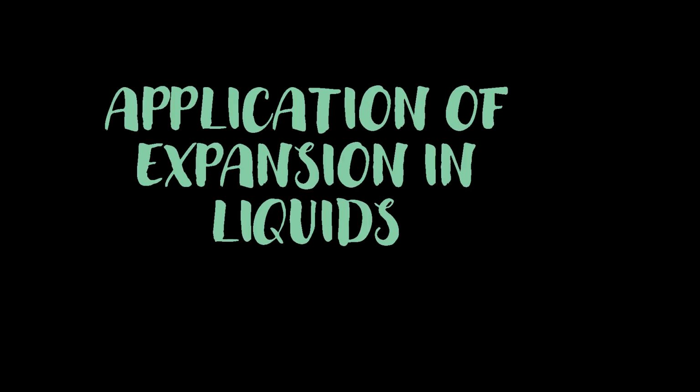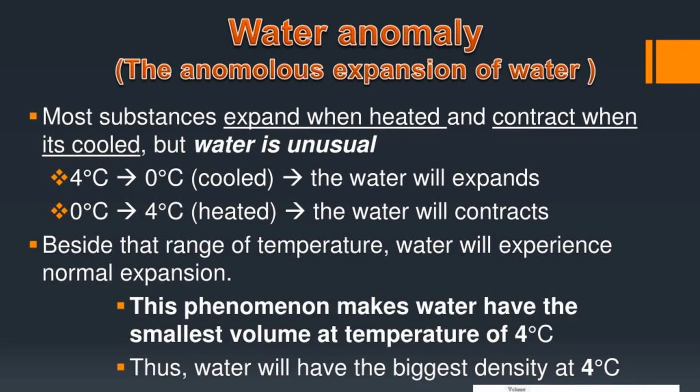Now there are some applications that we observe related to expansion in liquids. One such application that we find in our daily life is the anomalous expansion of water. So what does this anomalous expansion mean? Children, you have been told just now that when you heat up any substance, the substance will expand, and when it is cooled, the substance will contract.